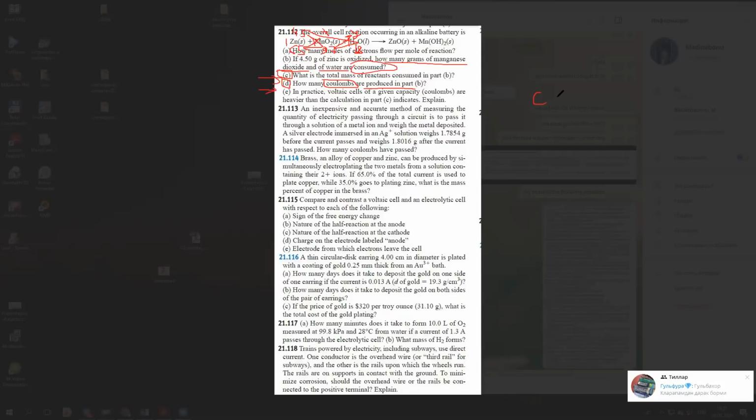Is it charge? It is a charge. It is also energy. So yeah, zinc is 65, and its valence is 2, and its equivalent mass is equal to 32.5 grams.